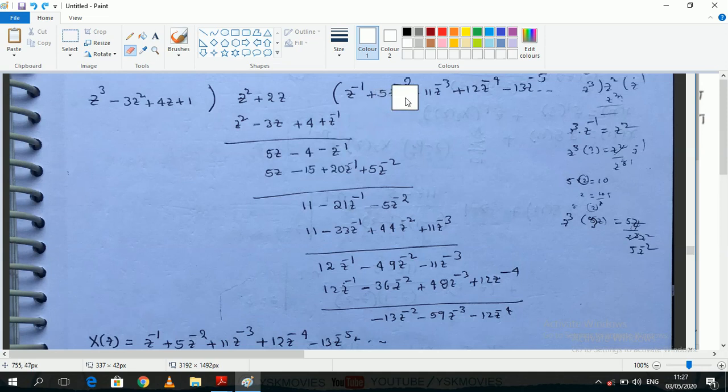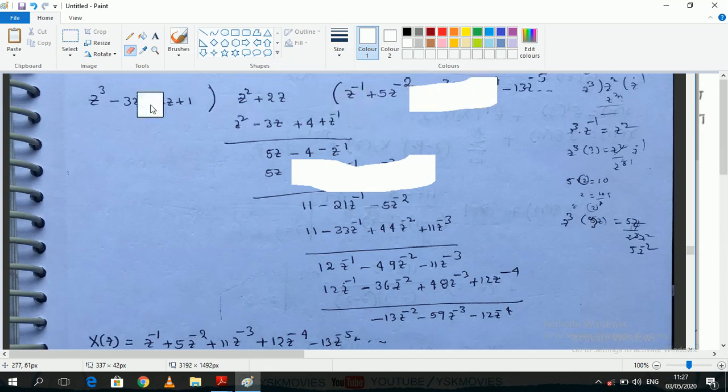For what value do we get 5z? See, z cube into 5 z power minus 2.